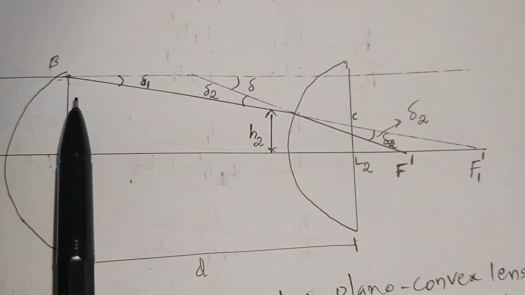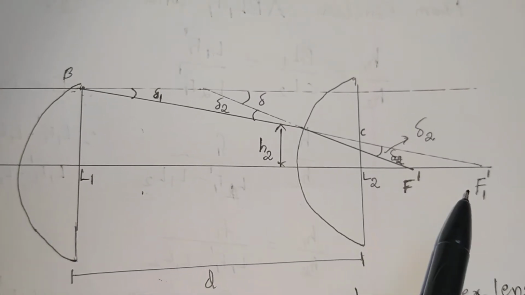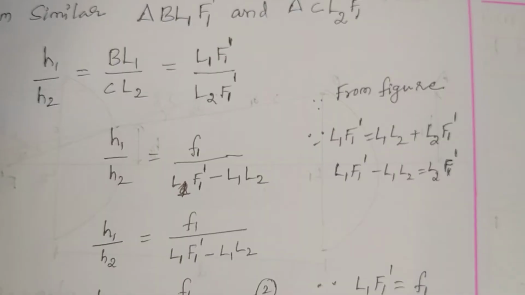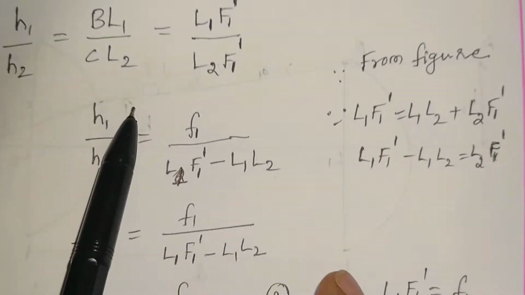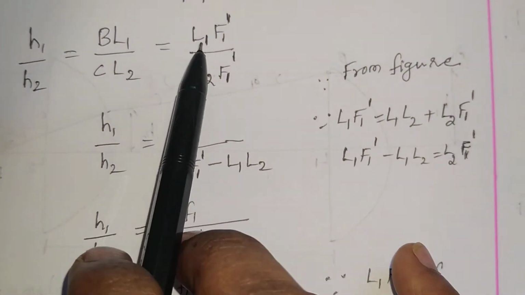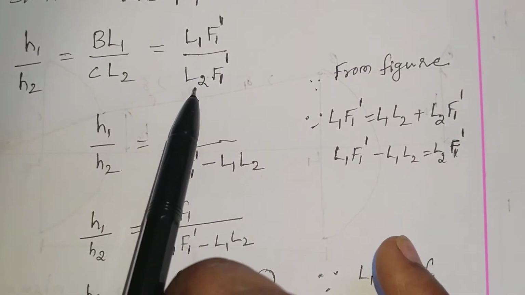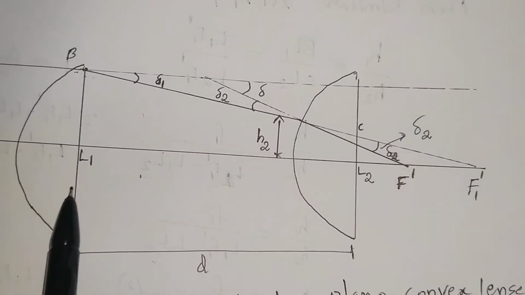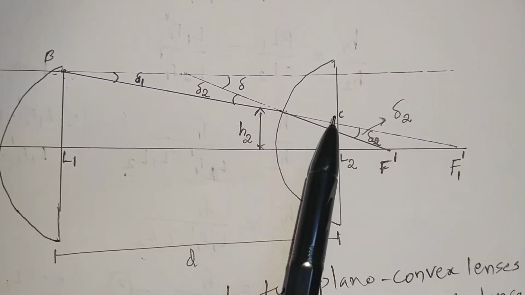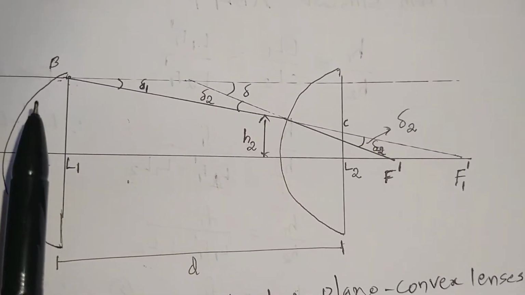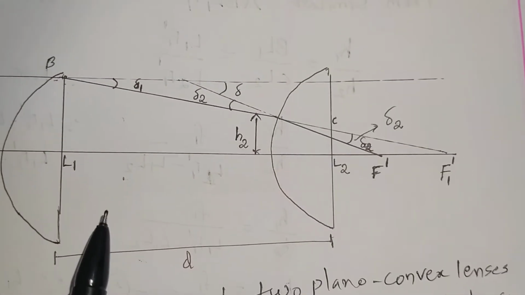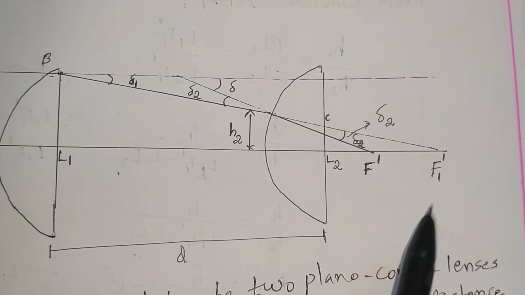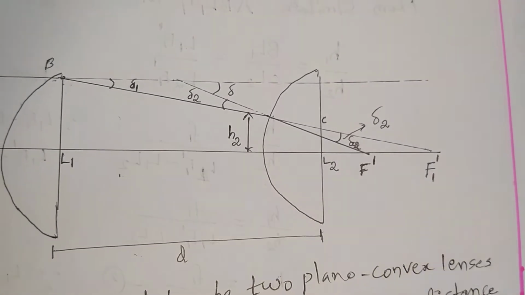From the figure, the similar triangles BL1f1 dash and CL2f1 dash give BL1 by CL2 is equal to L1f1 dash by L2f1 dash.